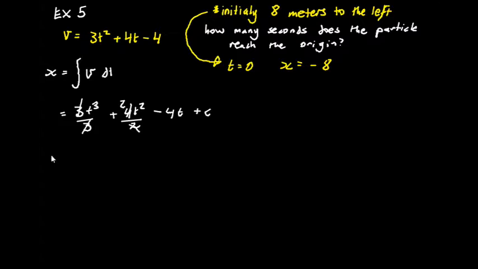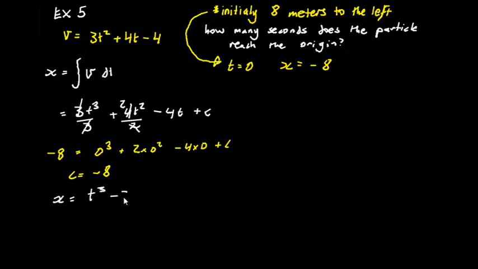So if we use those values and solve for c, we'll have 0 cubed plus 2 times 0 squared take 4 times 0 plus c. And if we work that out, we find that c is equal to minus 8. So just rewriting our equation, we have t cubed plus 2t squared take 4t take 8.